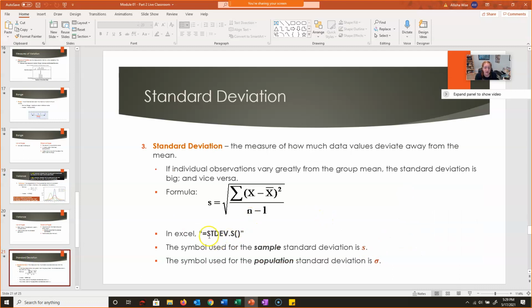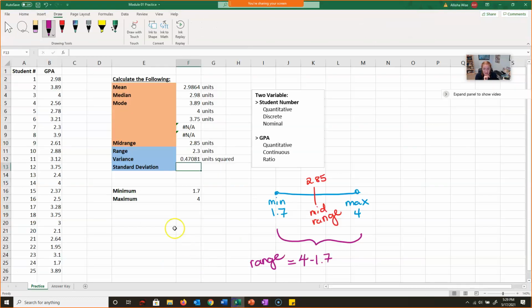Now, the standard deviation formula is STDEV.S. So if we go over here, STDEV.S, and we select the data, hit enter, and you can see that the standard deviation is 0.68. So it doesn't look like these values are going to deviate away from the mean by much.